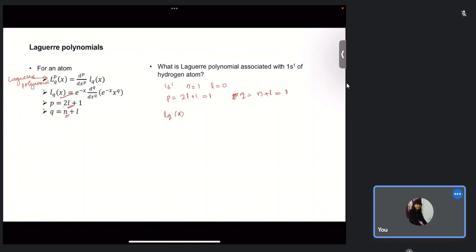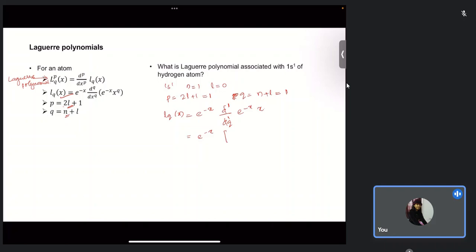So L_q of x is equal to e raised to minus x, d raised to 1 by dx raised to 1, of e raised to minus x into x. So we have to differentiate it by parts.